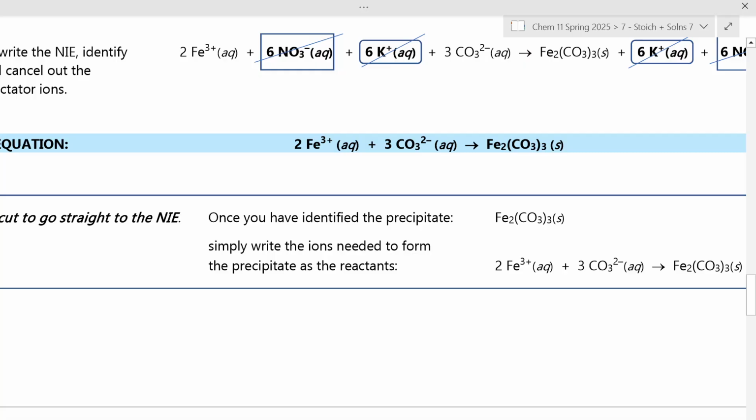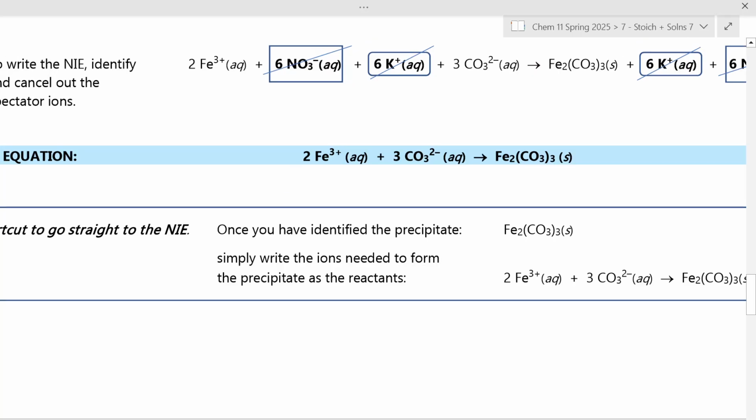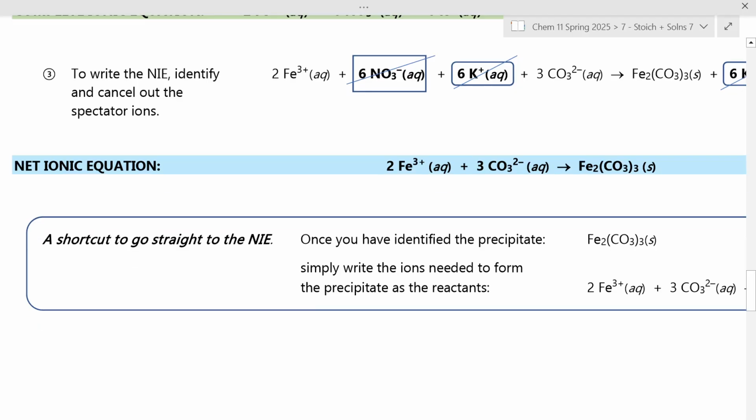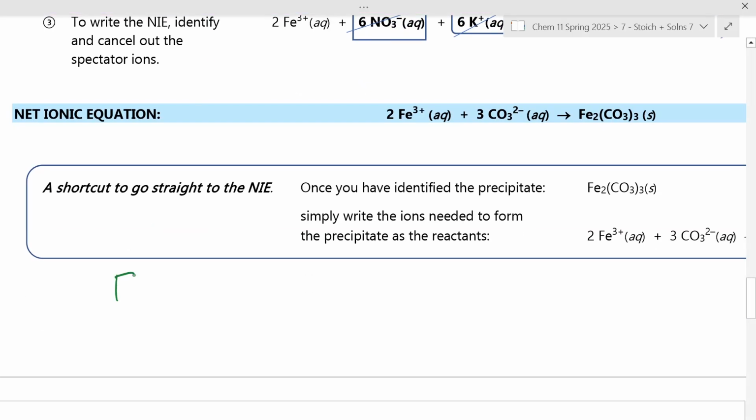Now, I have a trick for you. Let's say I gave you these reactants: Fe(NO3)3 aqueous plus K2CO3 aqueous.